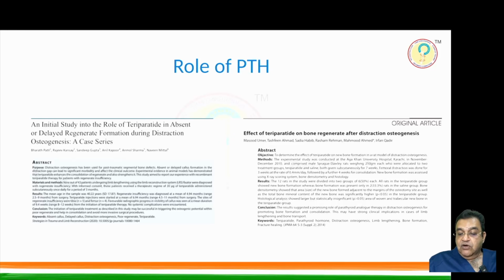It may have strong clinical implications in cases of limb lengthening and bone transport. So these are 2 studies, and we require more studies in the literature to find the exact role of teriparatide. Sometimes I also use it, but we require more studies.